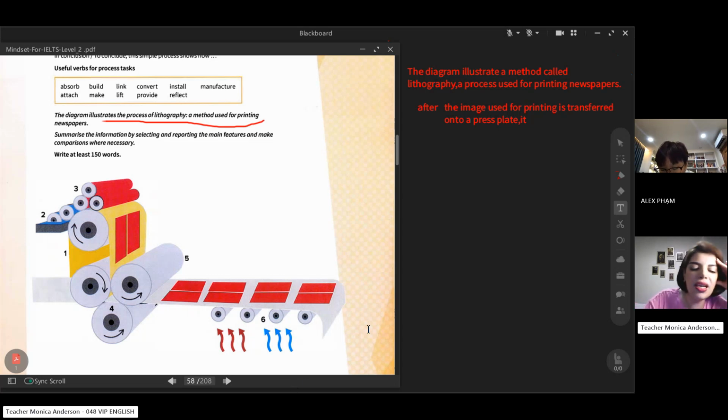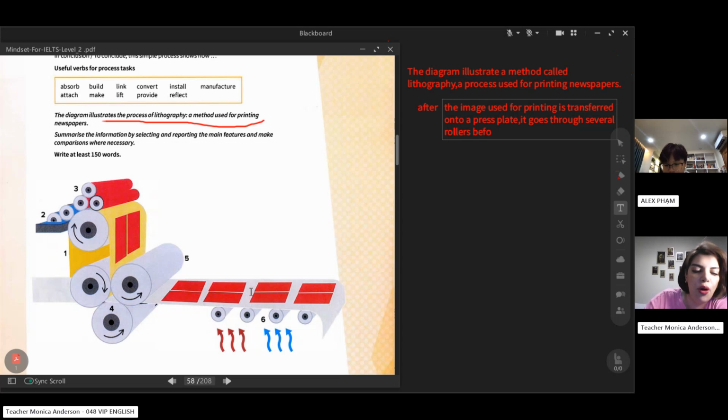It goes through several, as you can see, 1, 2, 3, 4, not only one, several rollers before being printed.